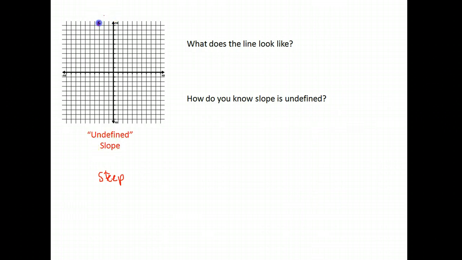That happens when you have a perfectly vertical line. So it's going straight up and down. Okay, and that's a little wavy just because of my pen. I apologize for that. But any vertical line is undefined slope. So what does it look like? Well, it's going to be a vertical line.